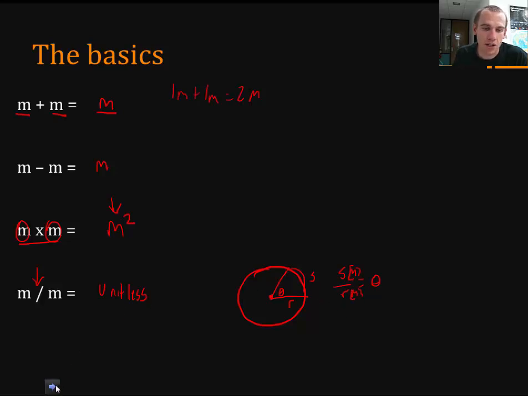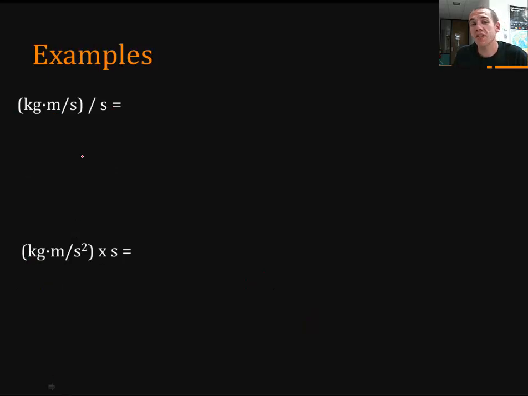It has no dimension. Now, when we start getting into a little bit more tricky things where we have derived units that we're messing with, then you have to pay extra special attention to what's going on. So this is a kilogram times a meter divided by a second divided by a second. So I have to rewrite this just to make it make sense in my head. So I have a kilogram times a meter divided by a second, and then I'm going to take that whole thing and divide it by seconds again.